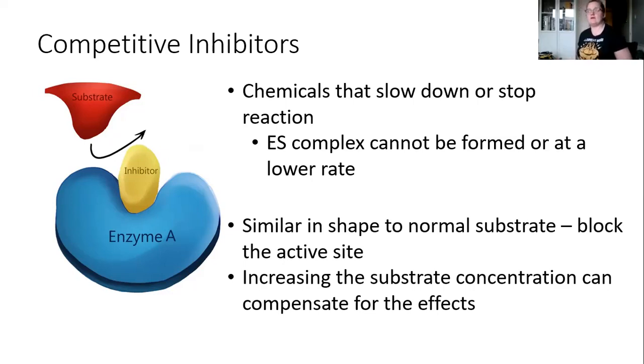So those ones can take place, so they can happen quicker. Also, the inhibitor won't stay there forever, so it will have that sort of recycling process again as well. So the longer that we have those inhibitors in place, the higher the concentration of a substrate, it can compensate for the effects of an inhibitor being present.